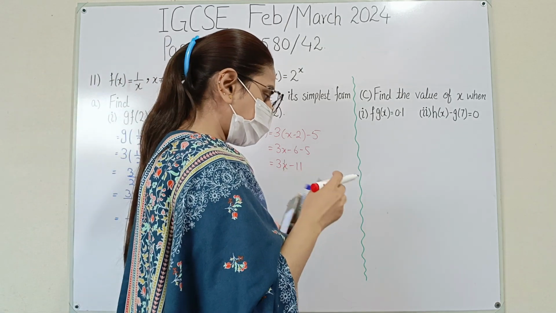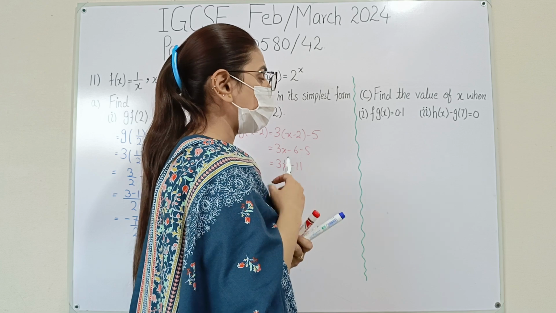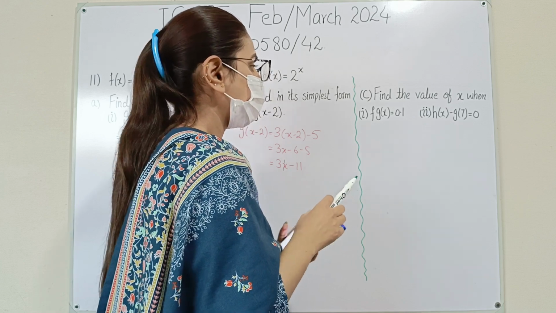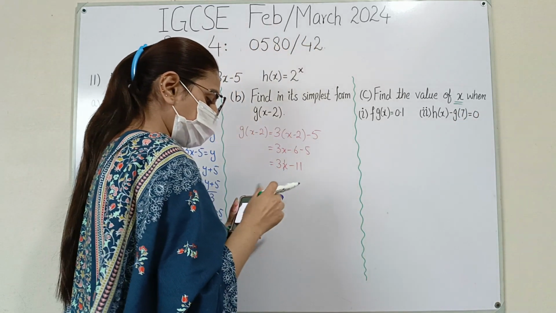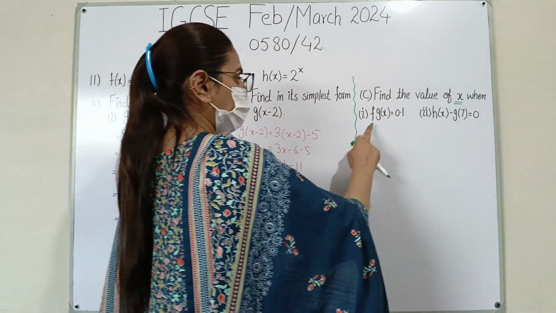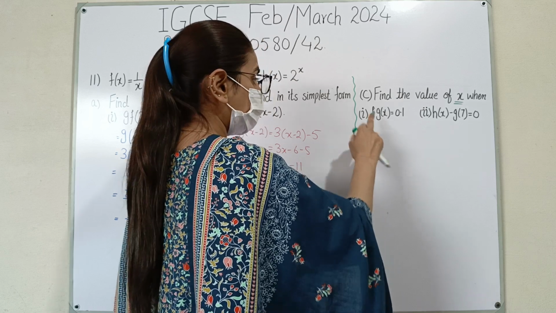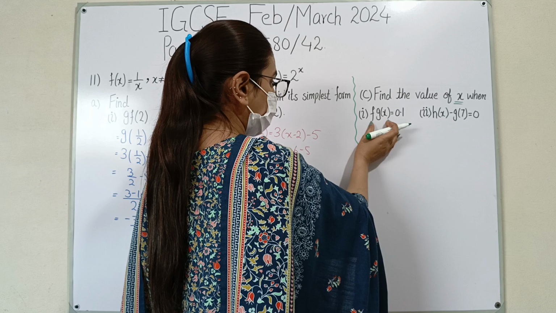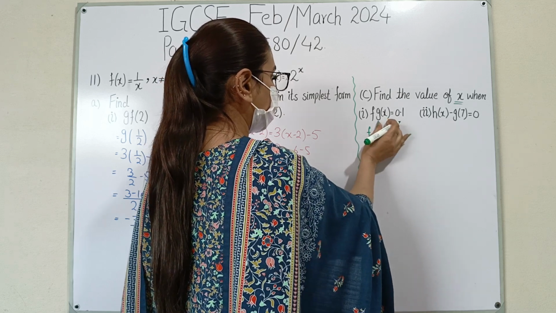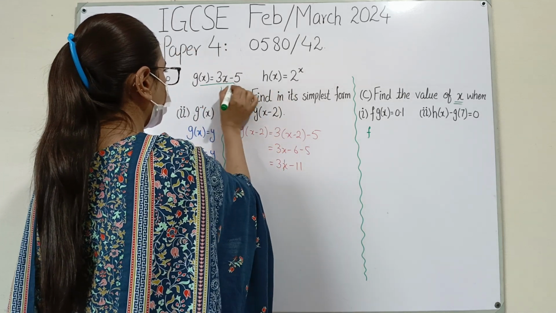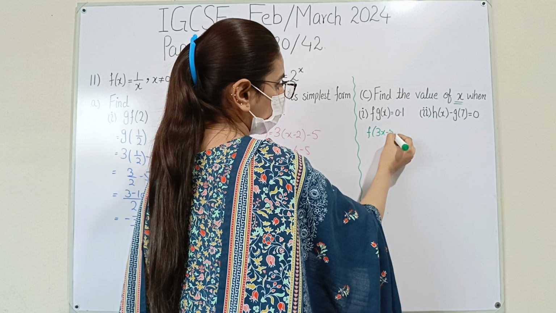Let's move toward the next part. Here the examiner is asking you to find the value of x, and he has given you two different situations. Here you have to use the composition fg. So first find the value of the composition. f of g: g of x is 3x minus 5.